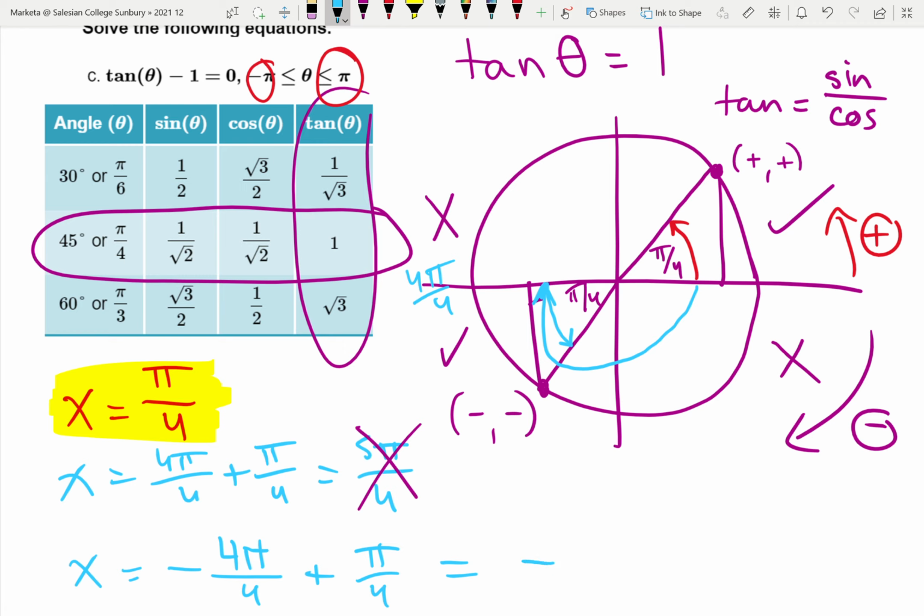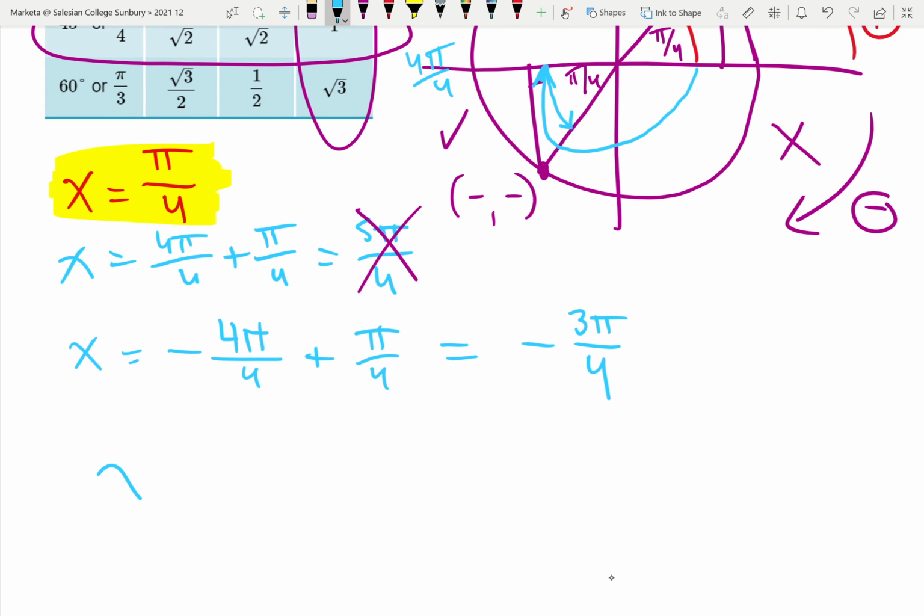So that gives me negative 3 pi on 4. And negative 3 pi on 4 is within the domain of negative pi to positive pi. So I'm going to highlight that as well. And actually I might write it on a new line and make it a bit neater there. So x equals negative 3 pi on 4. Now, I can tell that that's going to be the end of it. They're the two solutions, and they're the only two solutions I have here.